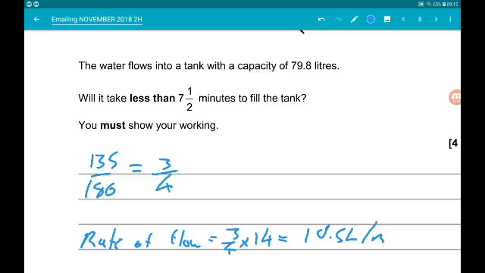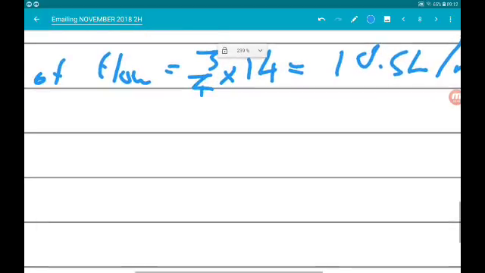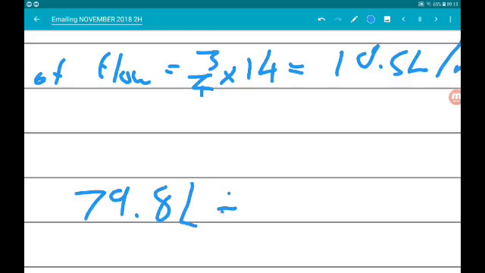So 79.8. Now this is the way that I'm going to do it. 79.8 divided by 10.5. Now that is asking how many minutes will it take to completely fill the tank.